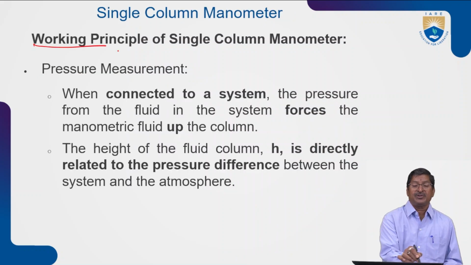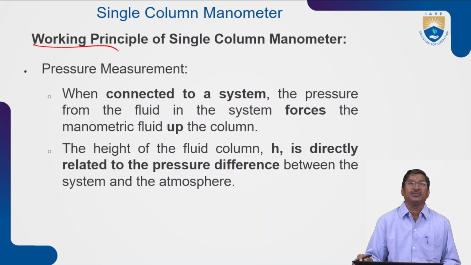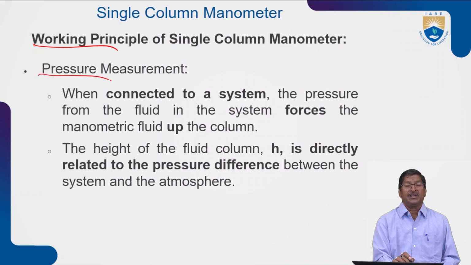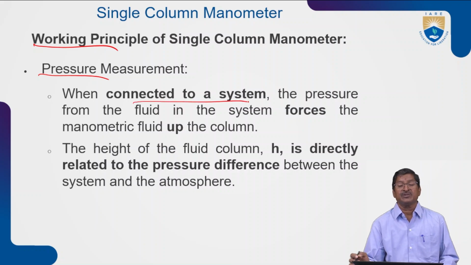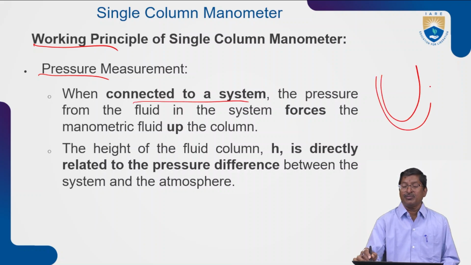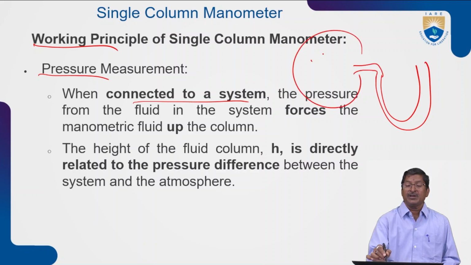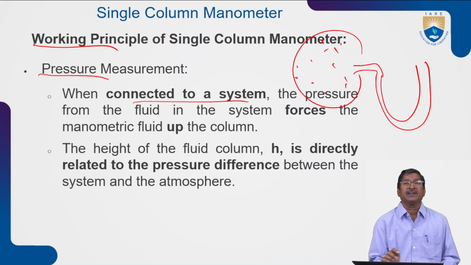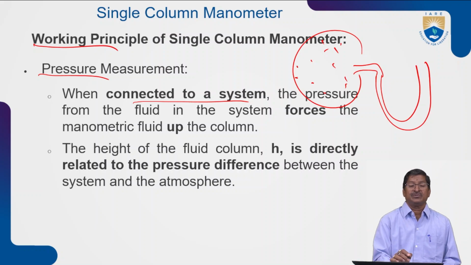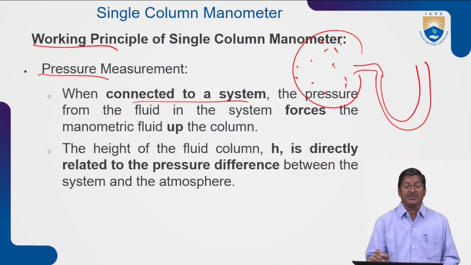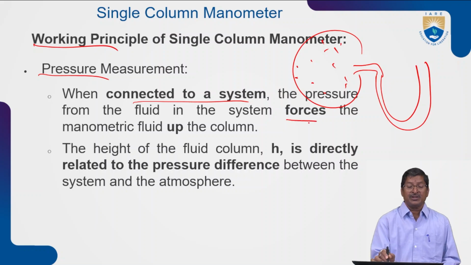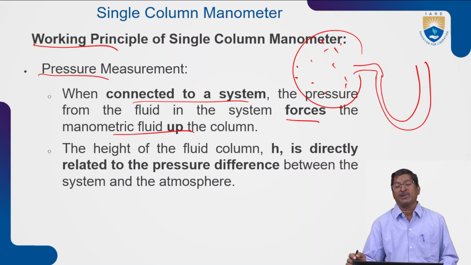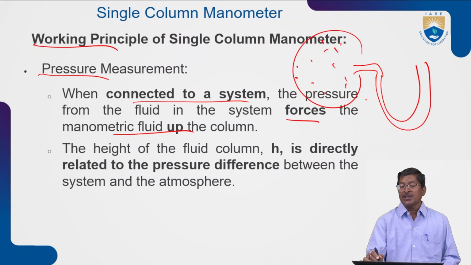So working principle, how this is working. Single column manometer, how is this pressure measured? What he is telling here is, when connected to a system, so that means this U-tube or single column manometer is connected to a system. System means it may be a pipe. Okay. So in this pipe, fluid or liquid will be there. So when connected to a system, the pressure from the fluid in the system forces the manometric fluid to go up. Okay. Initially the mercury level will be like this.